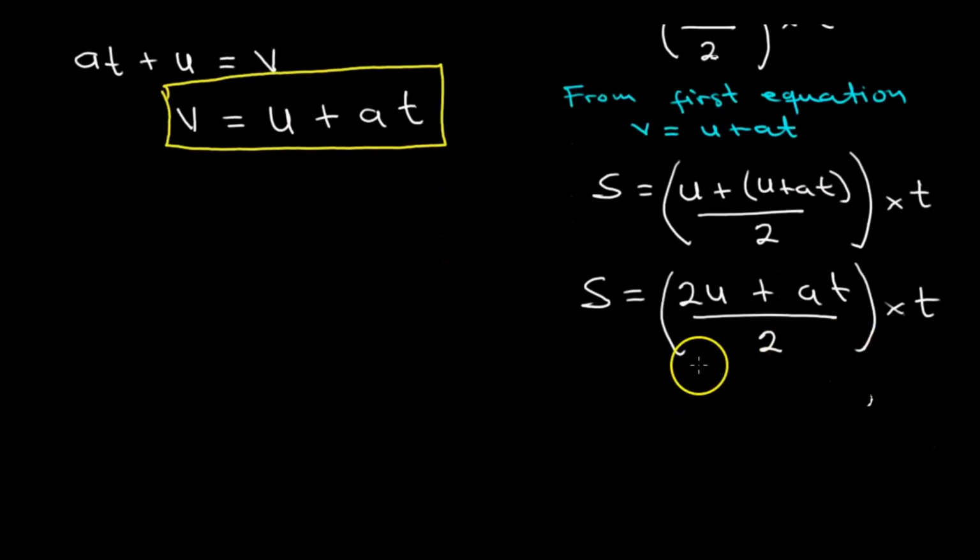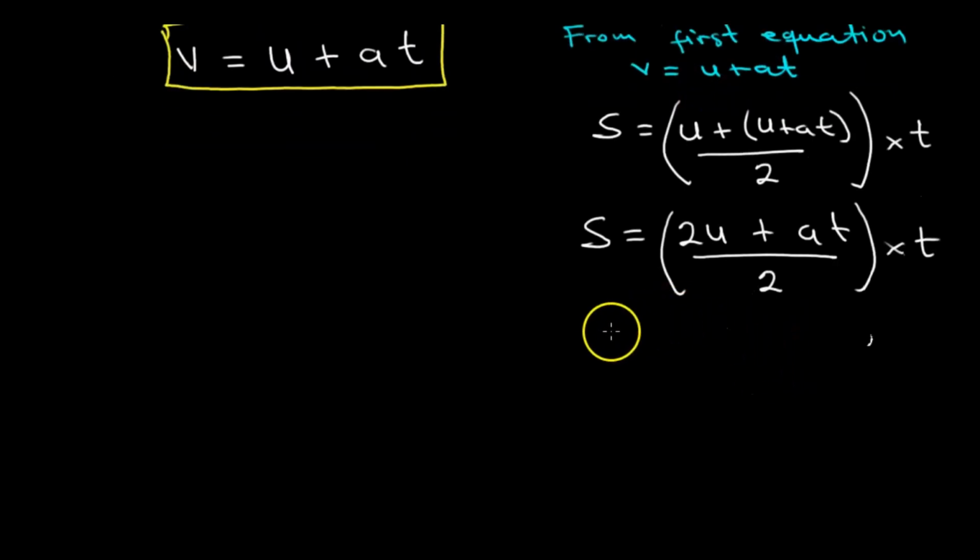Okay, so now I want to simplify this, but the easiest way is to split this into 2. You can also decide to multiply both sides by 2 to get rid of the fraction, but that will prolong your work.